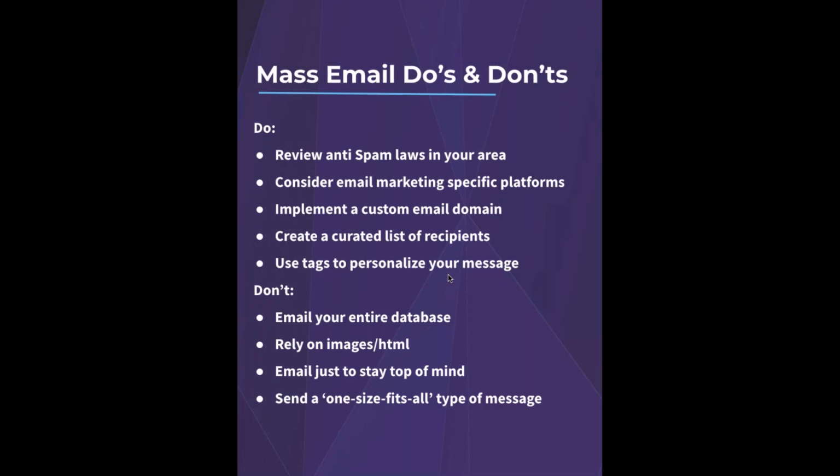And then try not to send a one-size-fits-all type of message. We've got some pretty cool stuff in CATS where you can differentiate candidates and contacts within the system. So maybe the email that you send out to your candidates is different than the people that you're working with in HR that are your hiring managers. Maybe craft a couple different messages for them.